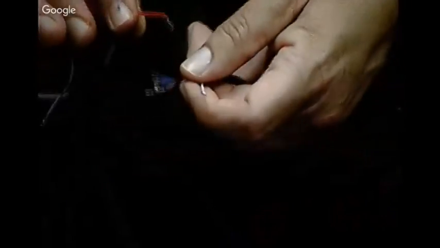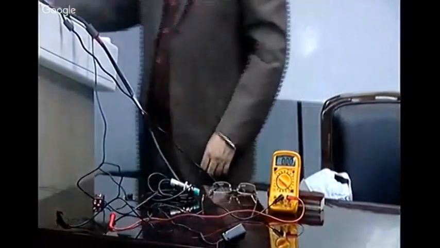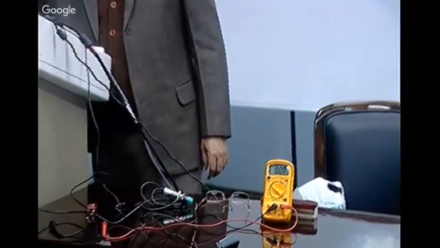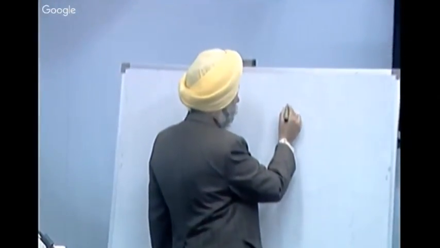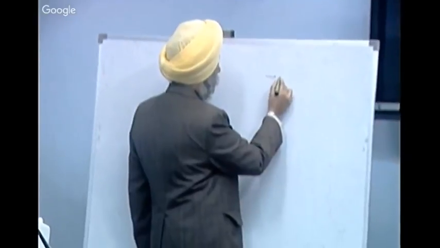So we will just connect this with this, and black with blue. While he makes the connections, I will go to the board and just give you the concept of a normally open and normally closed.